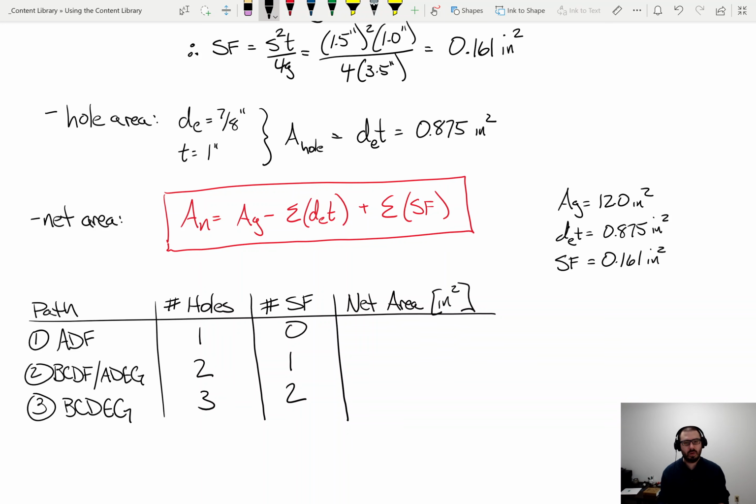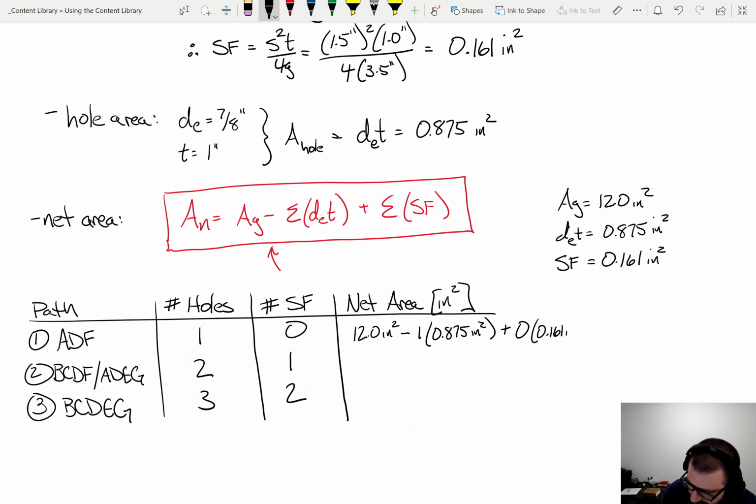So let's see how that works. Let's start off with the first one. What's our formula? We're using this right here. How does that work? We take 12.0 square inches, which is our gross area, minus 1 times 0.875, the number of bolts that we would be subtracting, plus 0.161.